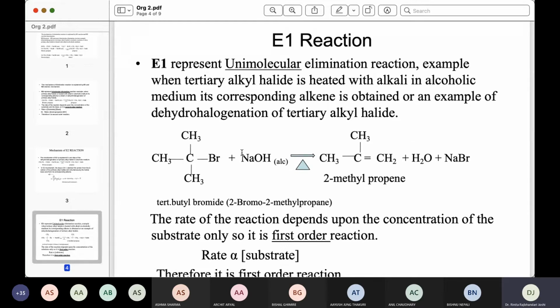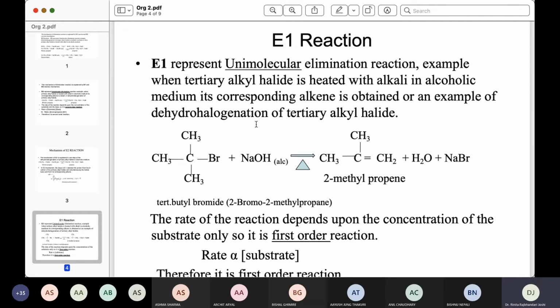In the case of E1 reaction, it represents the unimolecular elimination reaction, as in SN1, unimolecular. An example is when a tertiary alkyl halide is heated with alkali in alcoholic medium, its corresponding alkene is obtained. It is an example of dehydrohalogenation of tertiary alkyl halide. If you have time, it is good to write it at length.